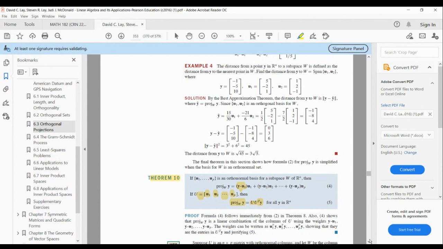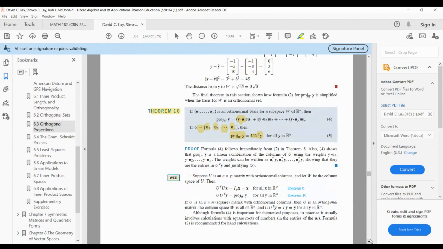To convince yourself of that, you can make up a little example so you could see that that's true. I don't necessarily want to go through the proof here, but it is true. So theorem 10 was another theorem that you should be aware of. Are there any questions on that before we move on?